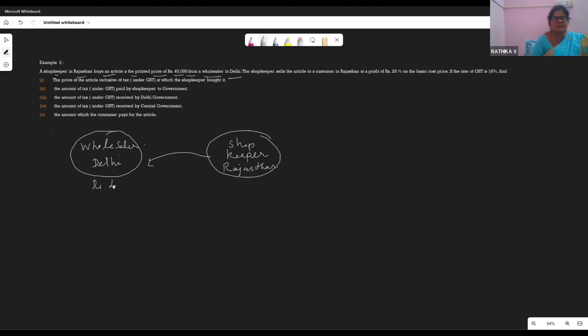Rupees 40,000 is the cost price for the shopkeeper. Next, the shopkeeper sells the article to a consumer in Rajasthan. So here it is interstate, and next it is intrastate. Here is the consumer.